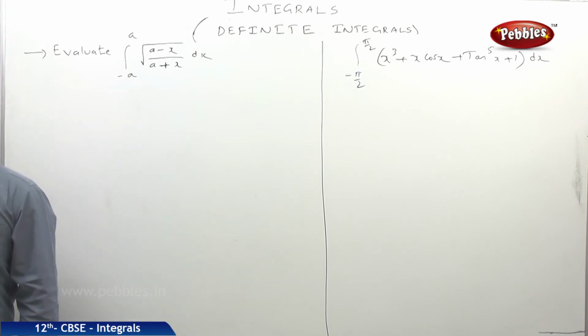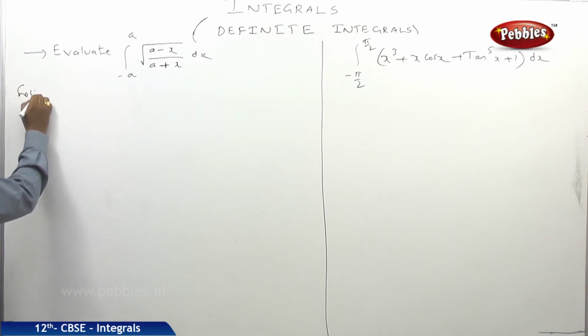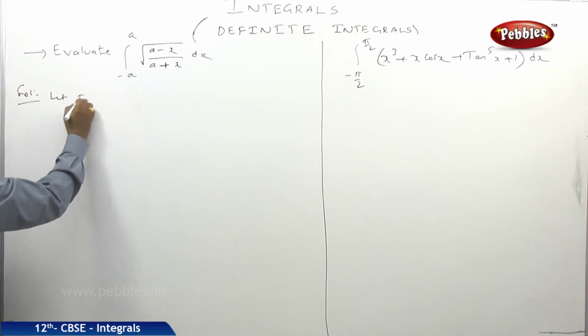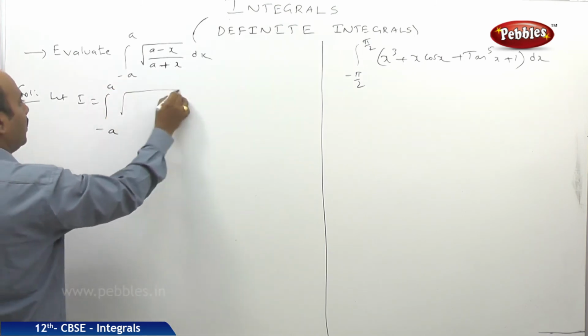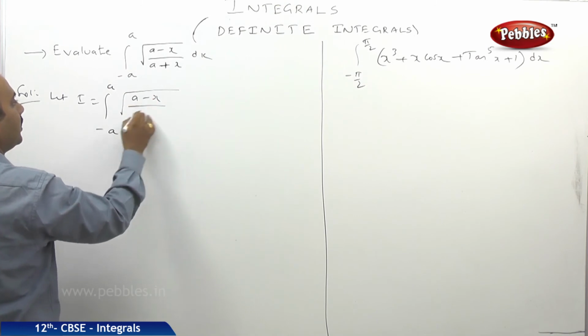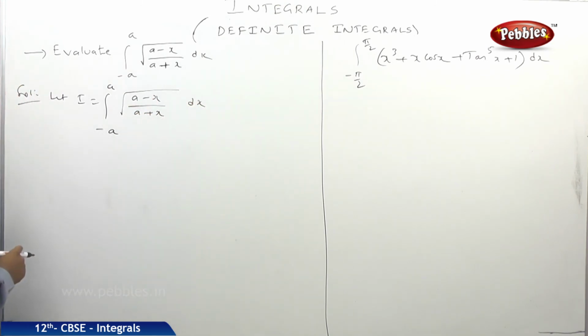Here he is asking us to evaluate integral of minus a to a under root of a minus x by a plus x dx. So what I will be doing means, let capital I be equal to integral of minus a to a under root of a minus x by a plus x dx. I need to get an idea of rationalization.